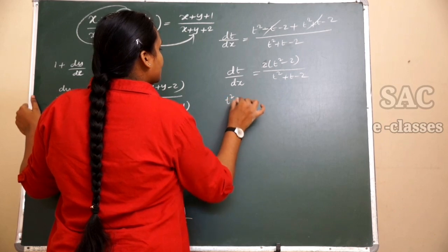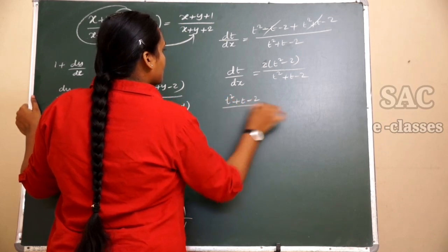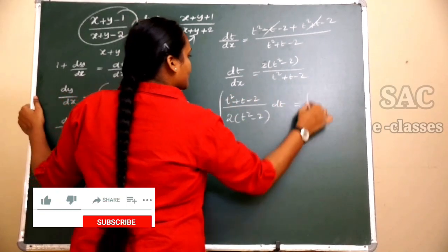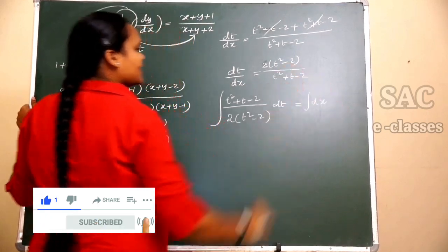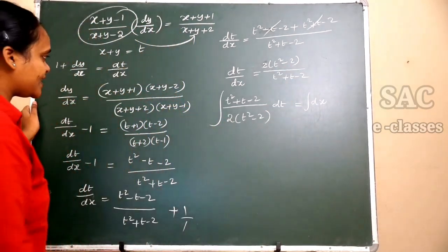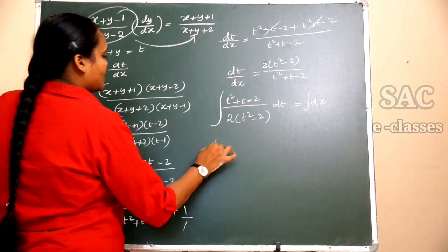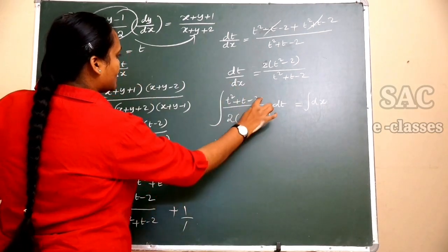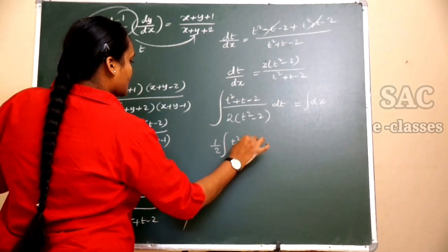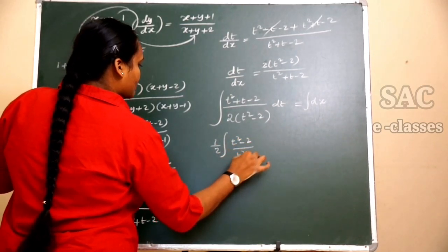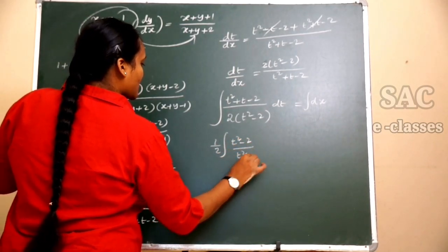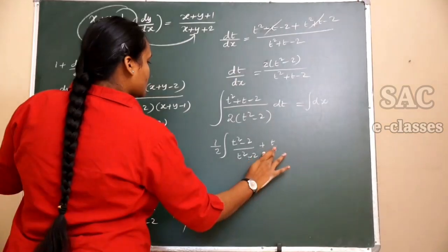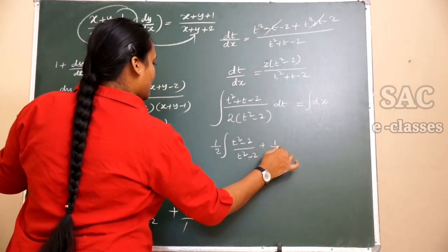So, let's simplify this by writing the dt terms on the LHS and the dx terms on the RHS and applying the integration. Then 1 by 2 into, can we separate t square minus 2, and here t is left over, so I am writing it as t by 2.